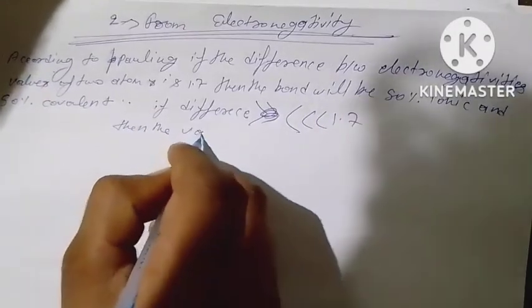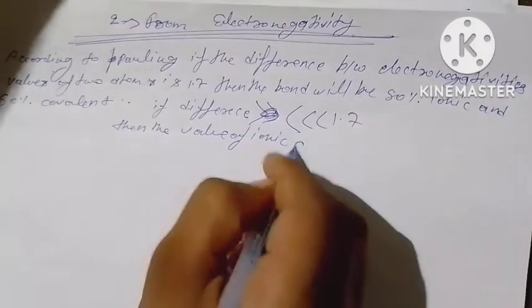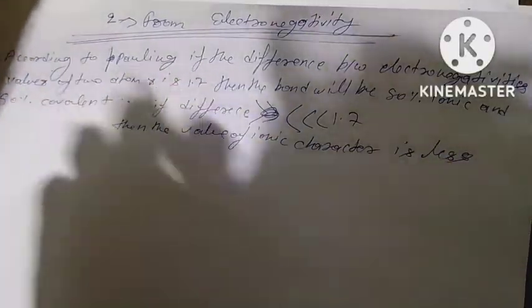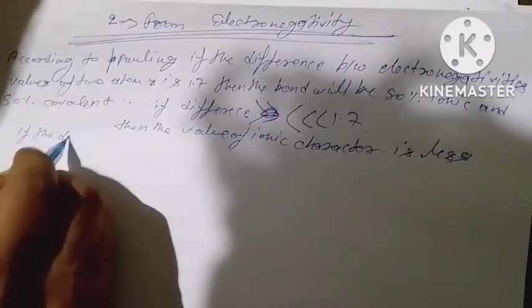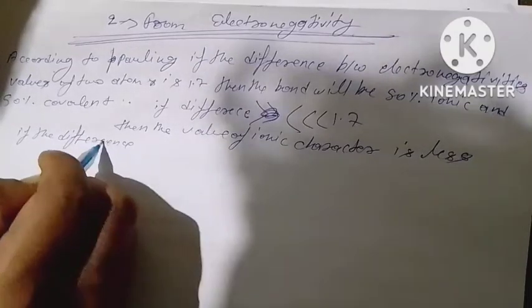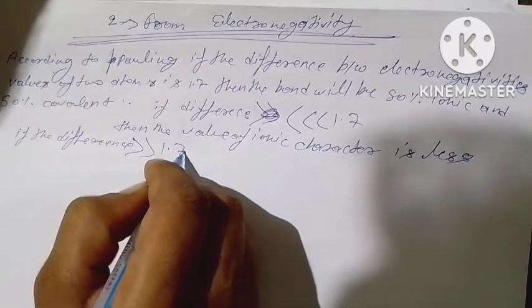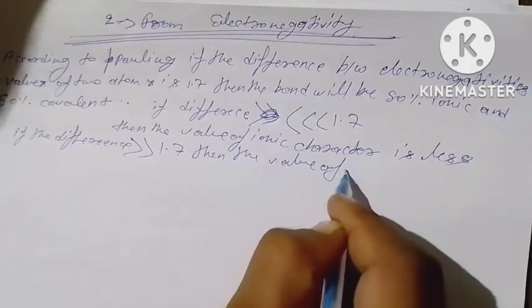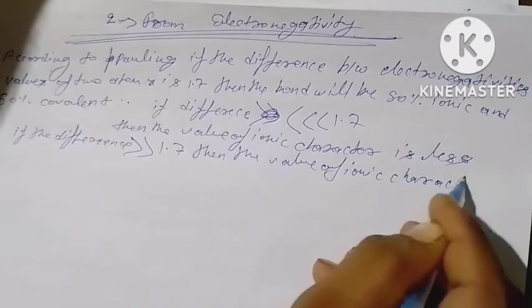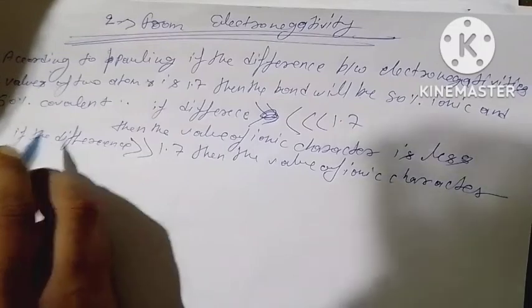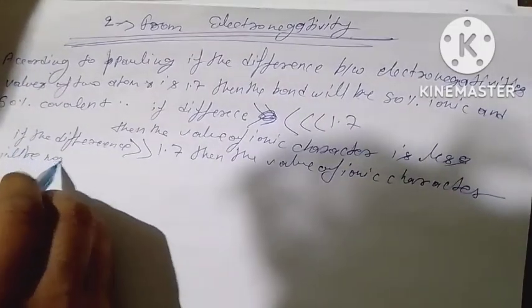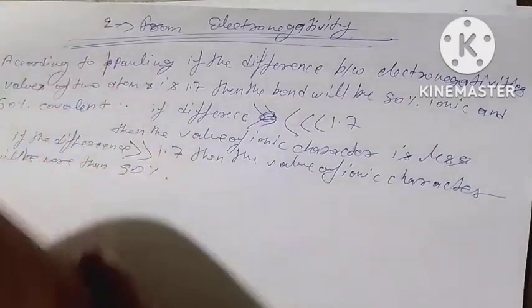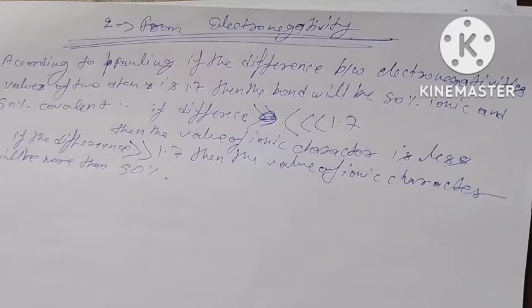And if the difference is greater than 1.7, then the value of ionic character will be more than 50%.